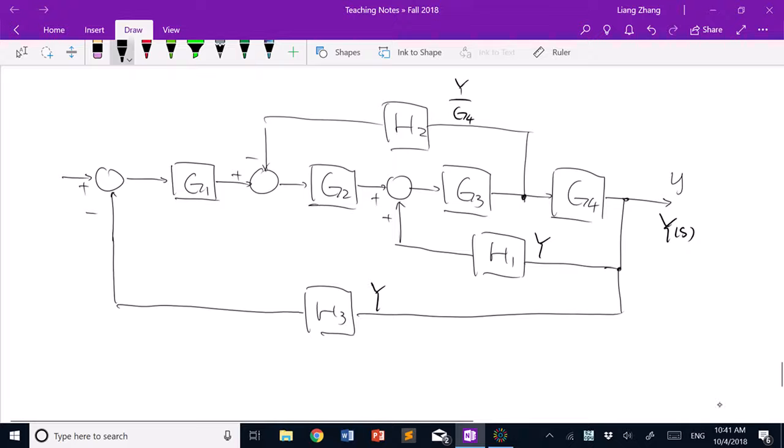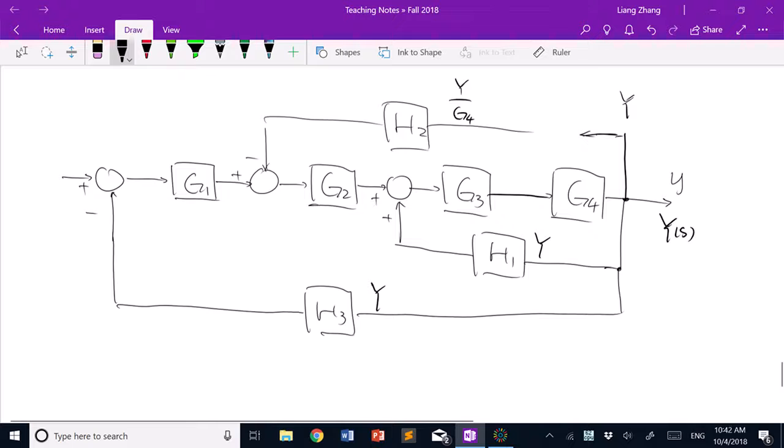But since the connection is relatively simple, it's y over G4, only one block away from G, so it's actually possible for me to redirect the connection. It will be more ideal to start the block from here, from y.